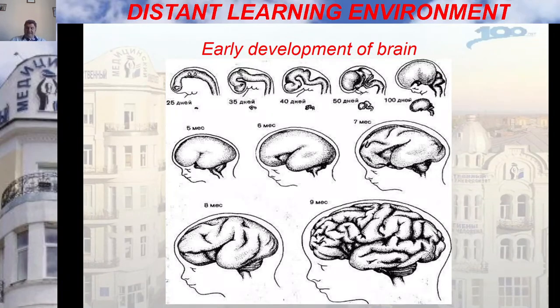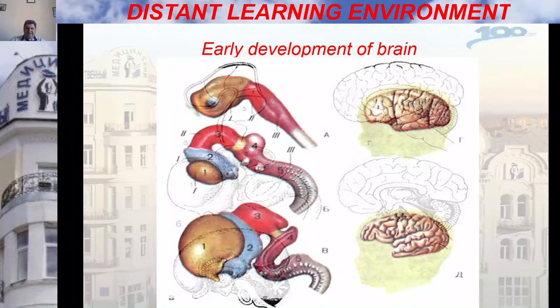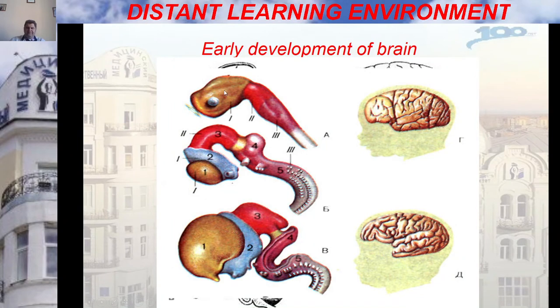The anterior expanded part, the rudiment of the brain, is divided by constrictions into three primary cerebral vesicles situated one next to the other: anterior or forebrain, or prosencephalon in Latin; middle part or midbrain, mesencephalon in Latin; and posterior or hindbrain, rhombencephalon. So you may see these three parts here on this picture.